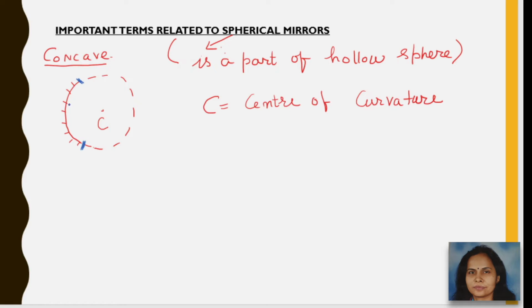So the total length of the spherical mirror is known as aperture, and it is generally represented by M M dash. That means I'm placing M and M dash here. So this is the total length of the reflecting surface, which is known as aperture.